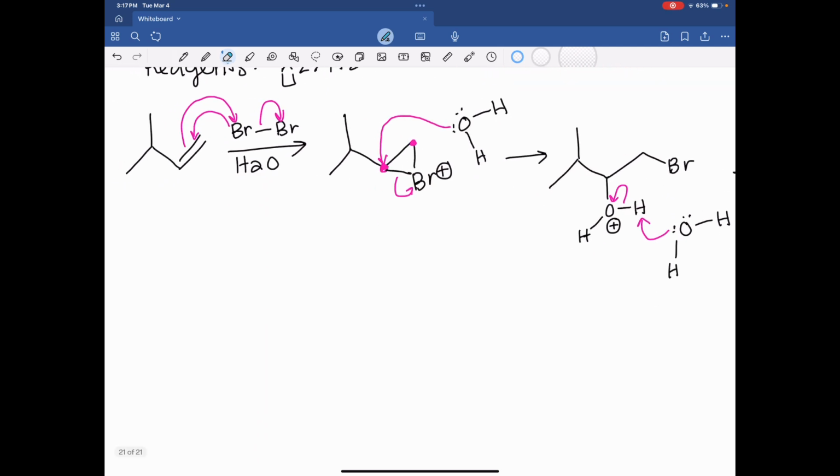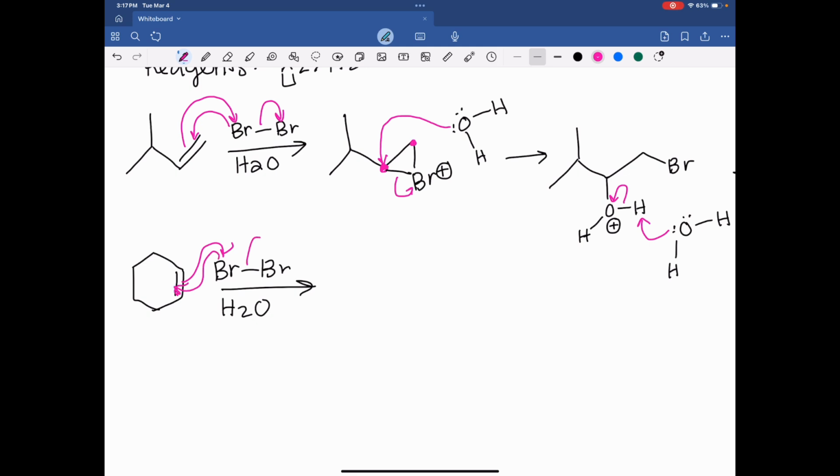Okay, let's do that for this one. So for this one, because we have a symmetrical molecule, it doesn't necessarily matter which one the OH goes on and which one the bromine goes on. Our water can attack either side because they're equal.